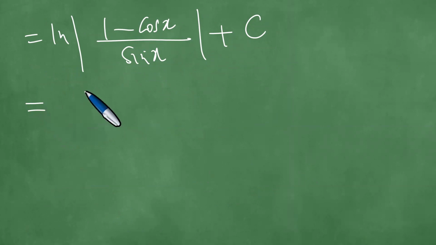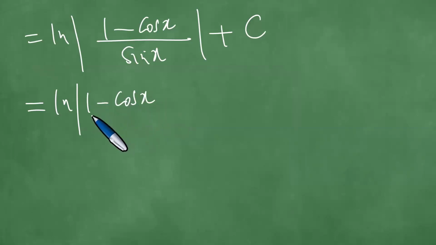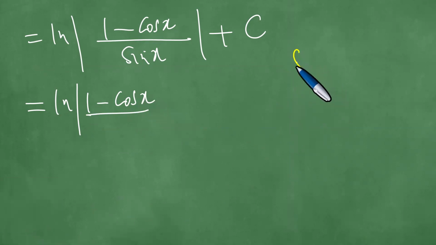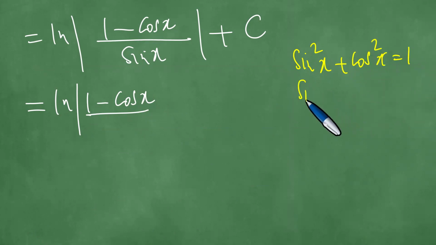And we proceed to do the following. There's something we need to remember. We know that sine squared x plus cosine squared x is 1, so that sine squared x is 1 minus cosine squared x.